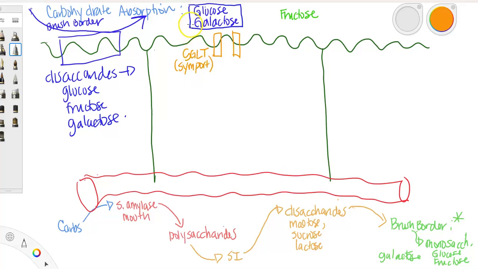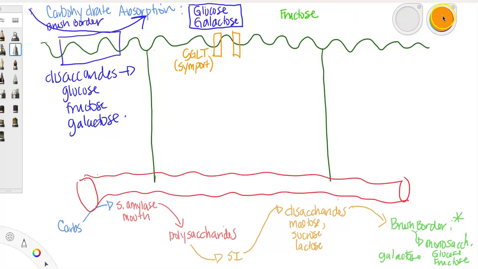Glucose and galactose are going to move into the cell through secondary active transport.